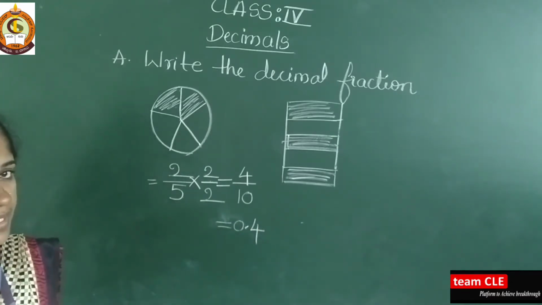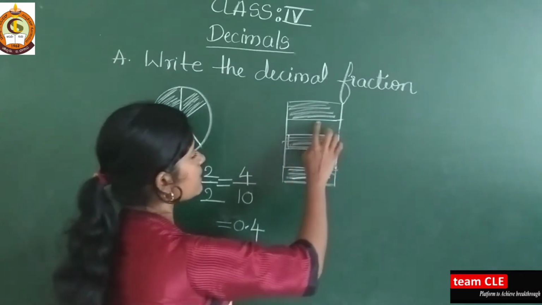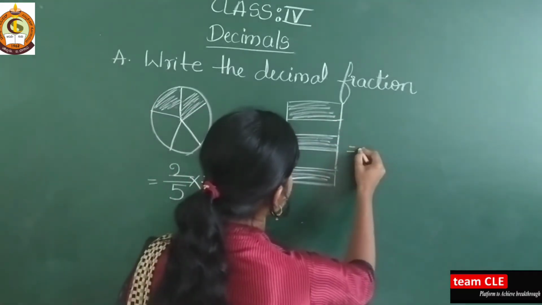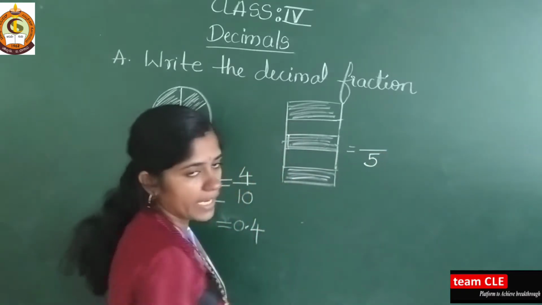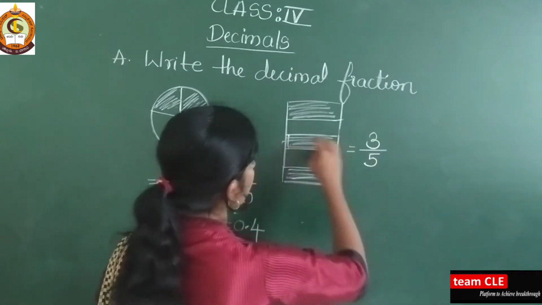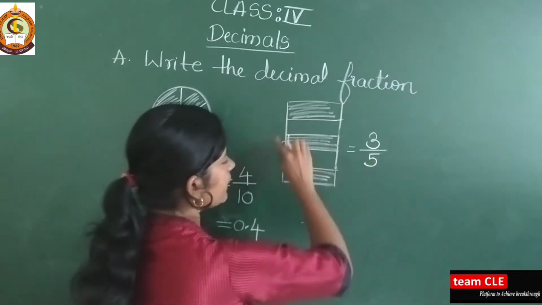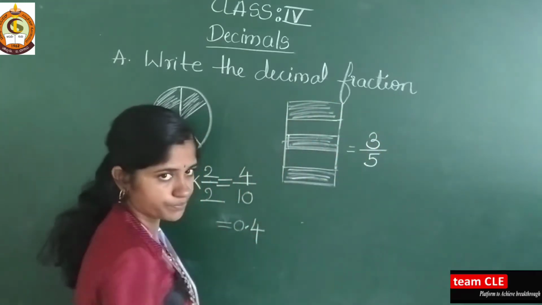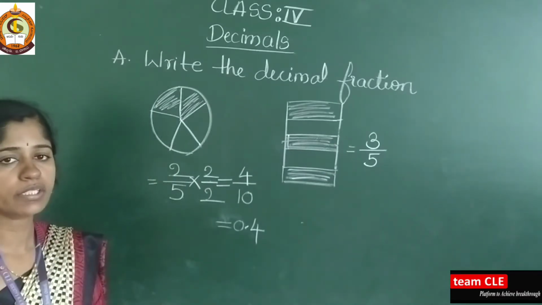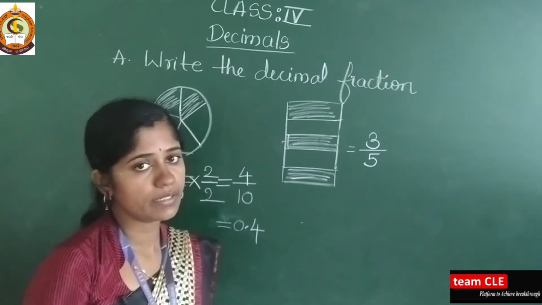So move to the next example. Count how many parts are there: 1, 2, 3, 4, 5. Total parts are 5 and shaded parts are 3. Again I want the denominator as 10.